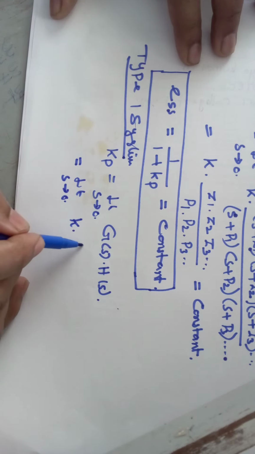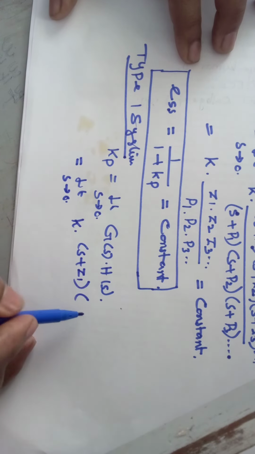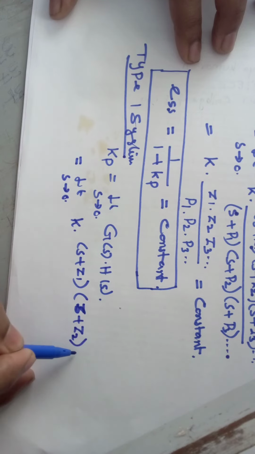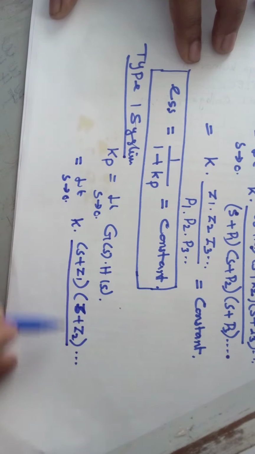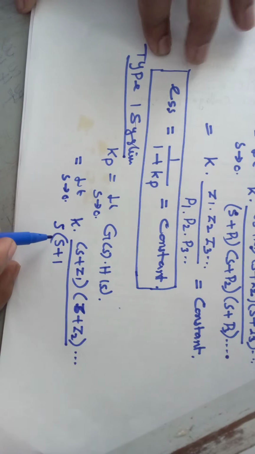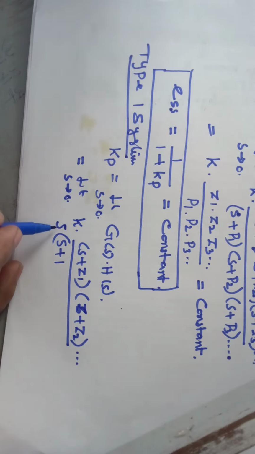So we can write it as (s + z1)(s + z2), the numerator having the zeros, etc., divided by s times, because this is a type 1 system, therefore here you will have a pole at the origin, a single pole at the origin.